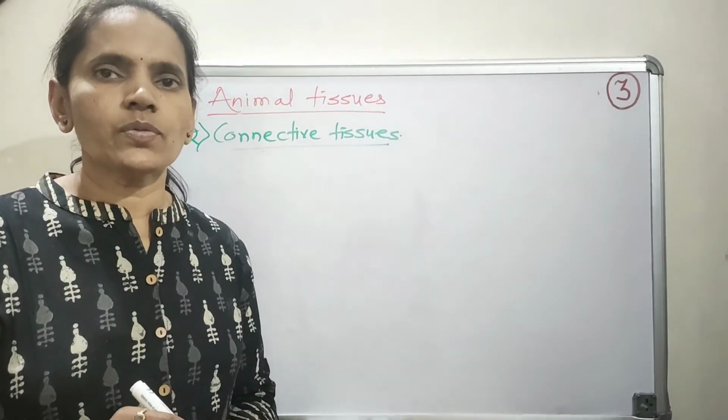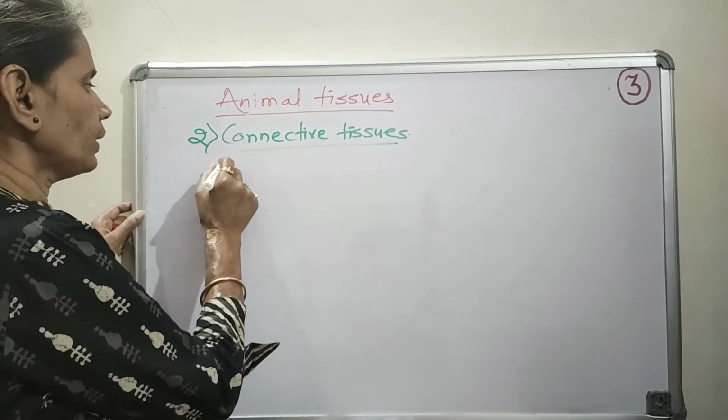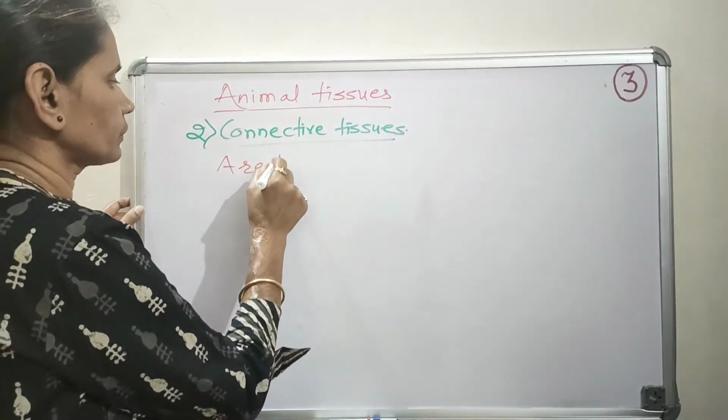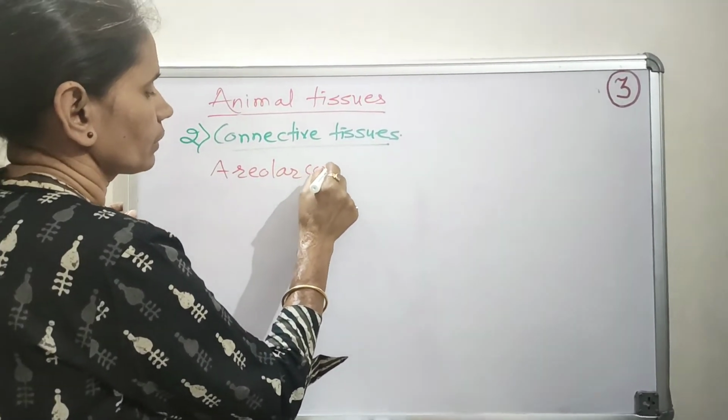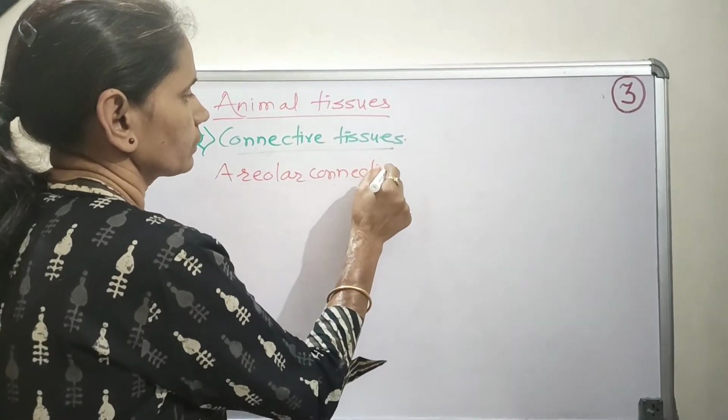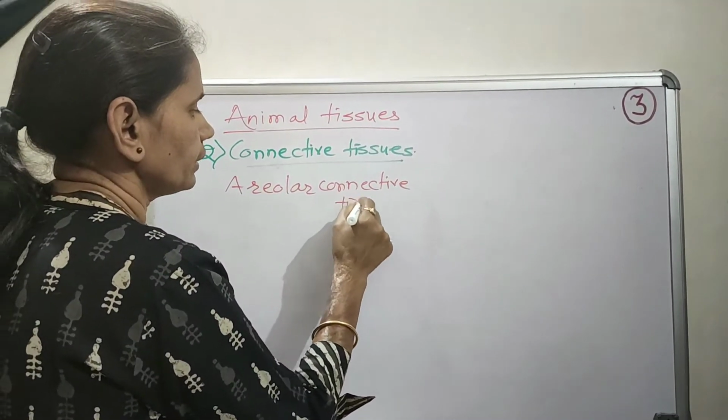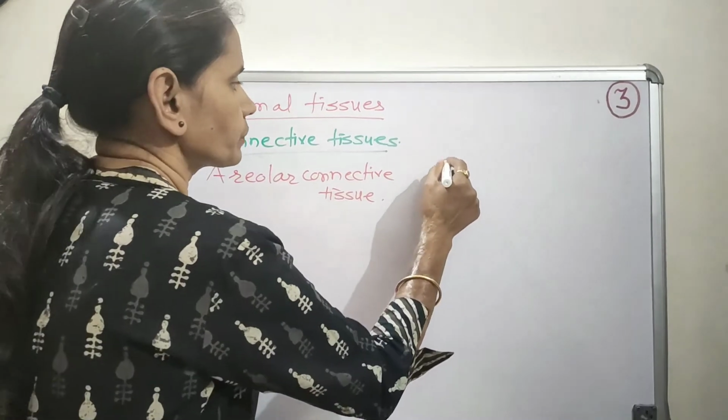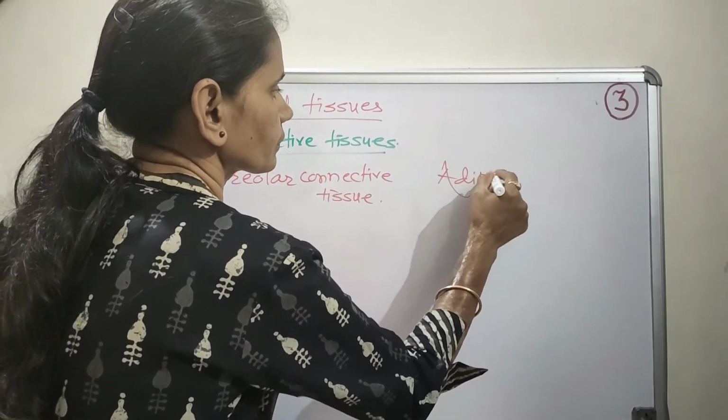The last two types of connective tissue are areolar connective tissue and adipose tissue.